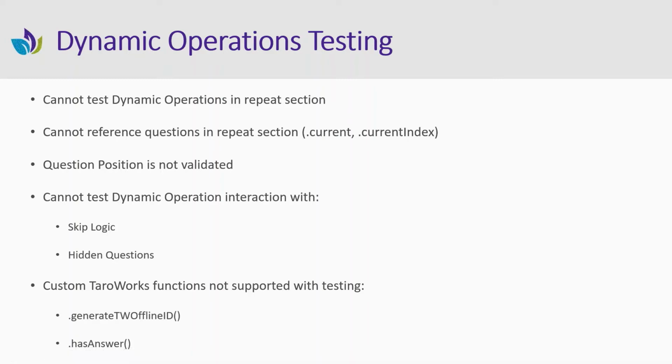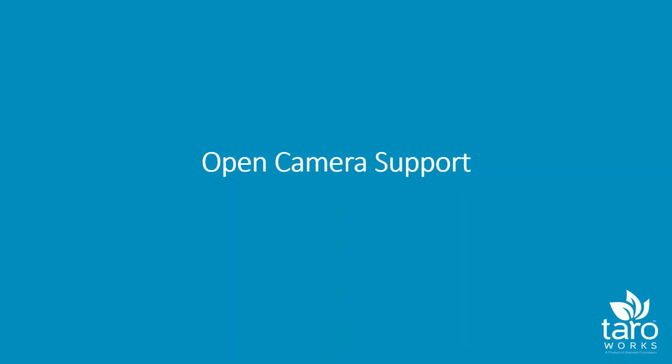I think the greatest advantages of this tool are really to capture your syntax errors as well as validate your JavaScript logic. Awesome. So moving on to our next feature.